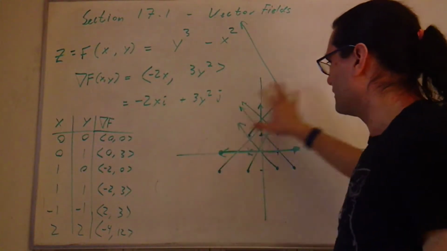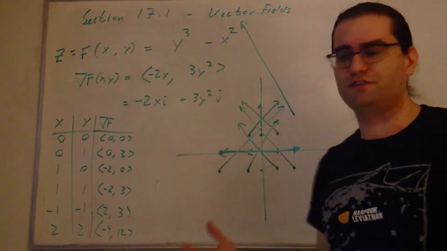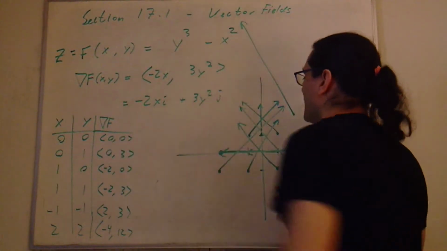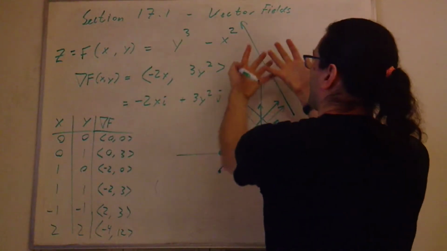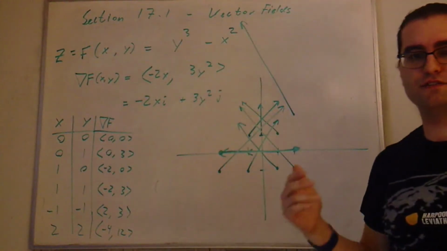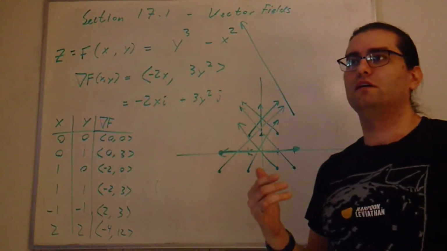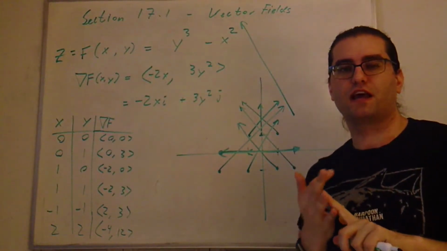This one came out a little messy. Hopefully you still kind of have this general sense of this. And I'm making this gesture with my hands because the thing that we're going to use vector fields for are force fields and flow.